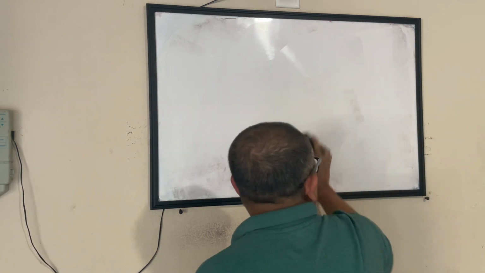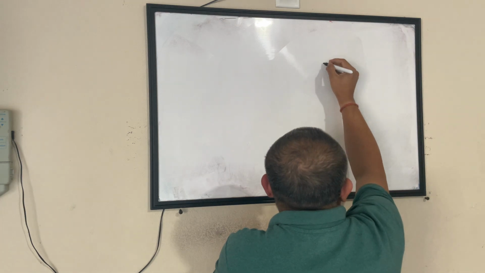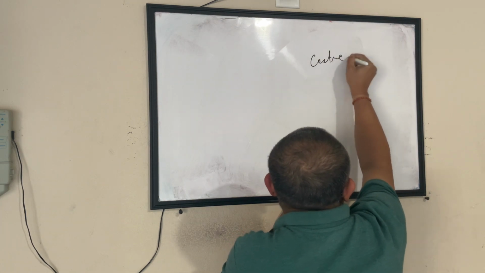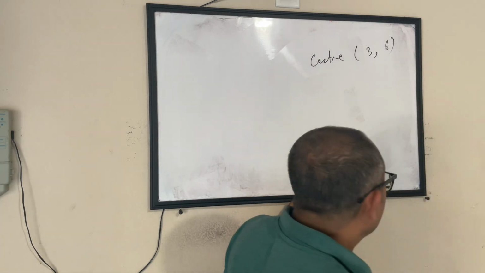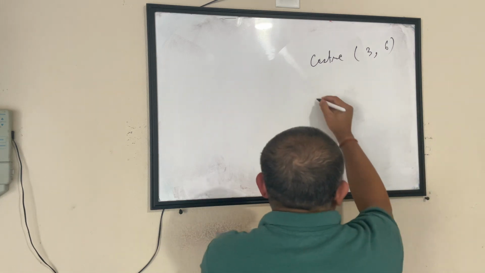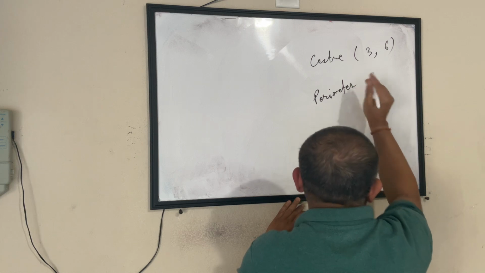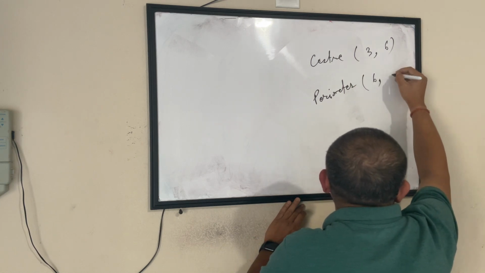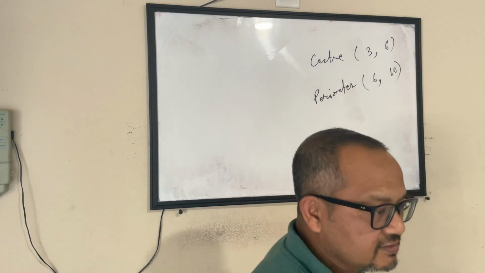If I say a circle has the center's coordinates as 3, 6, and one of the points on the perimeter, I'm just picking up one point randomly, which has coordinates 6, 10, find out the radius of the circle.